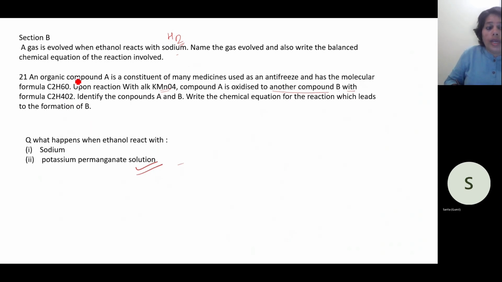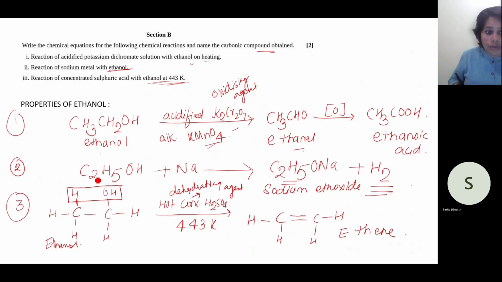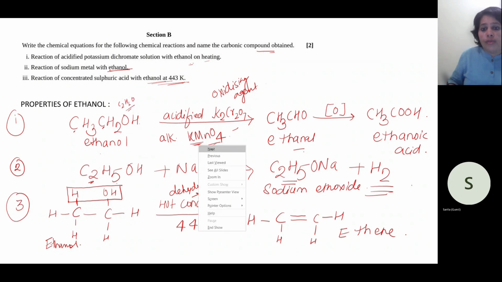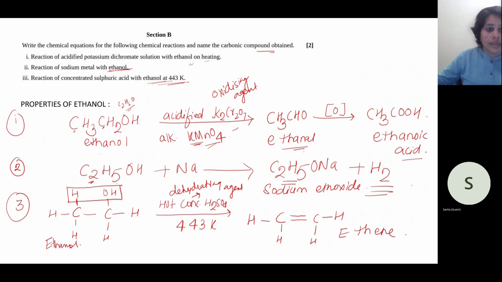So C2H6O, the same thing is there: C2H6O, two carbons and six hydrogens and O. It has reacted with alkaline KMnO4. So what will it form? First it will form ethanal. On oxidation again it forms ethanoic acid. So same.